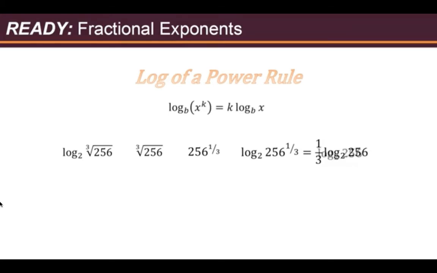Now we can solve log base 2 of 256 and multiply the answer by 1/3. Since 2 to the 8 equals 256, then log base 2 of 256 equals 8. Therefore, 1/3 log base 2 of 256 equals 1/3 times 8, or 8/3.